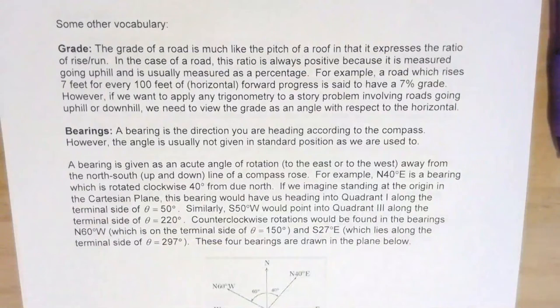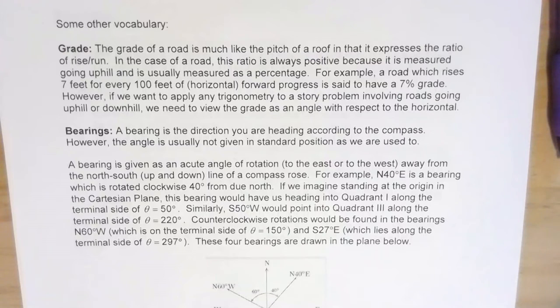Grade. So when you see a problem that has grade in it, the grade of a road is much like the pitch of a roof in that it expresses the ratio of rise over run. In the case of a road, this ratio is always positive because it's measured going uphill and is usually measured as a percent. For example, a road that rises 7 feet for every 100 feet horizontally.